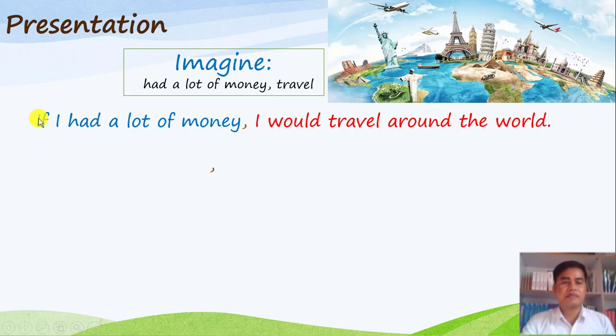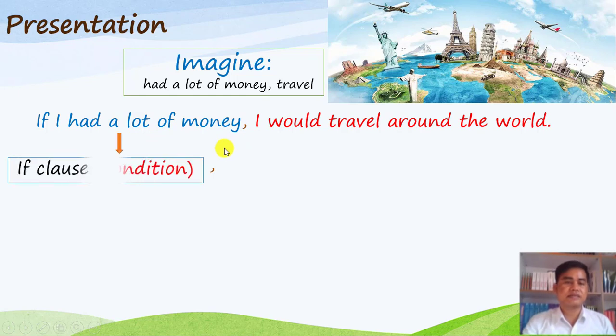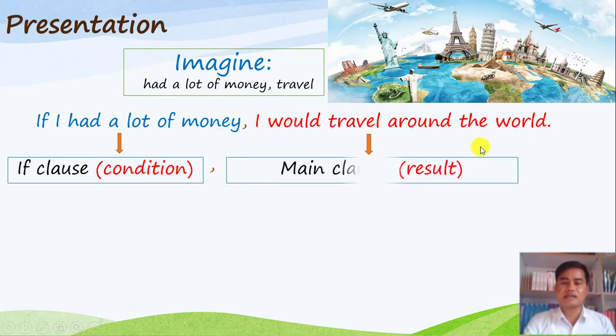If I had a lot of money, this one we consider as the if clause, a condition. This is just a condition that happens before another thing. And I would travel around the world here is the main clause. The main clause is considered the result.